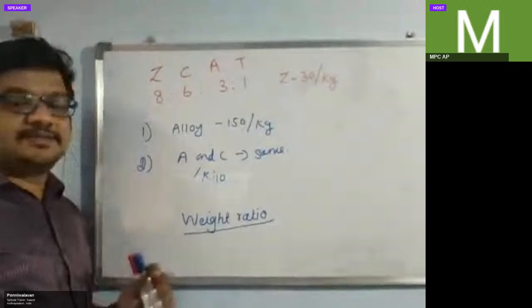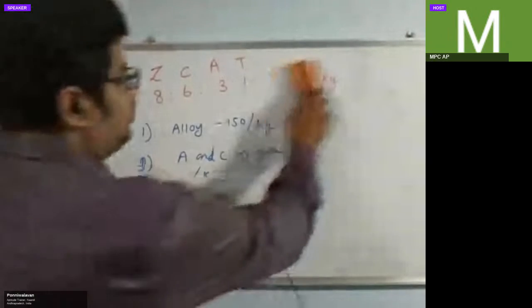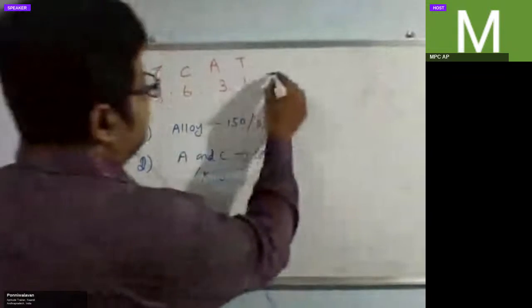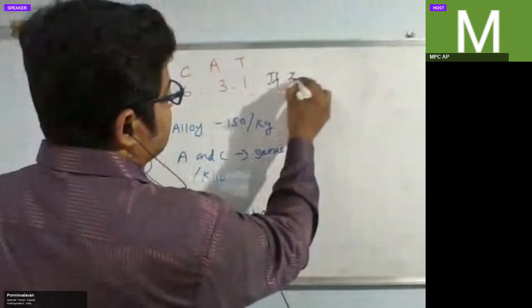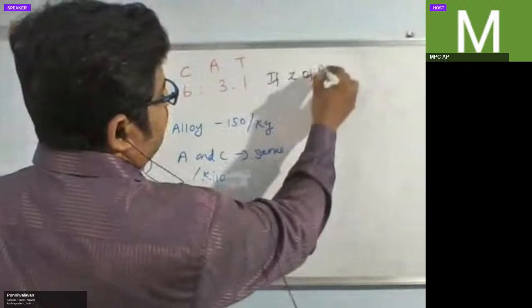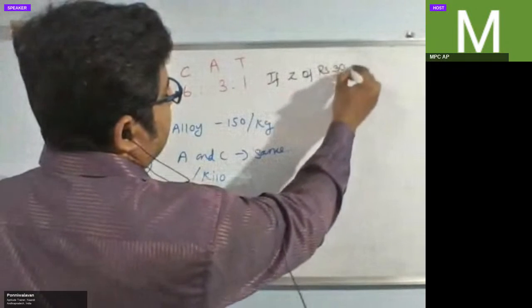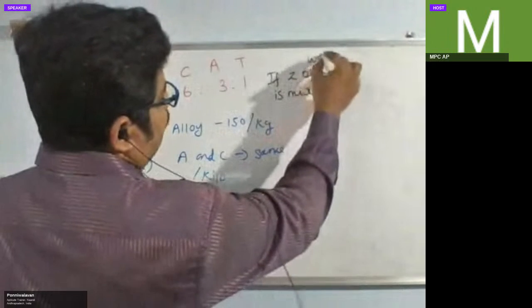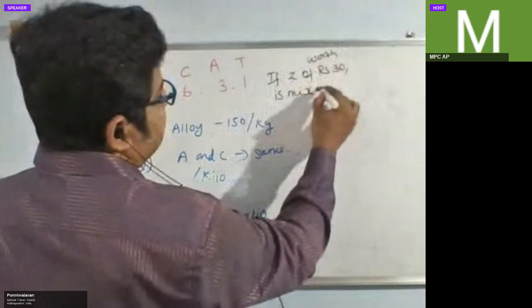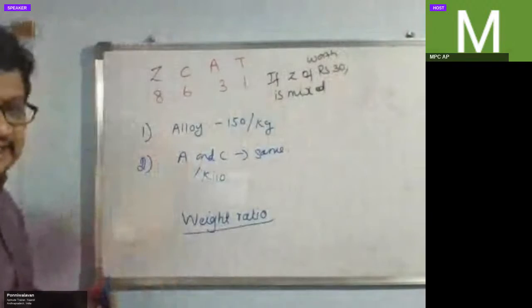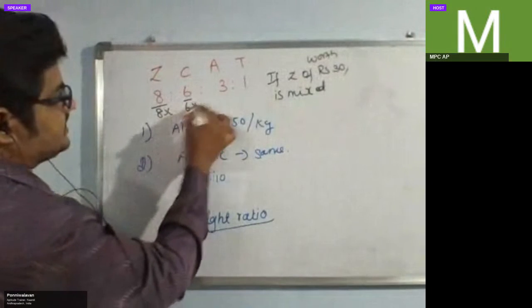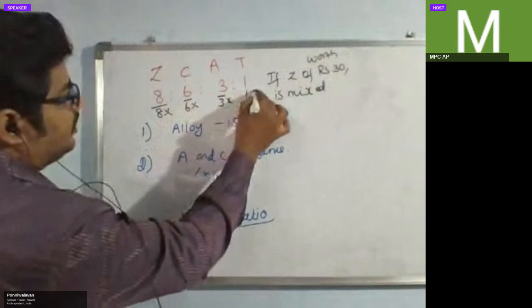Suppose I am telling you that zinc of worth rupees 30 is mixed here. If they gave it like that, we can take this as 8x, this as 6x, this as 3x and 1x.